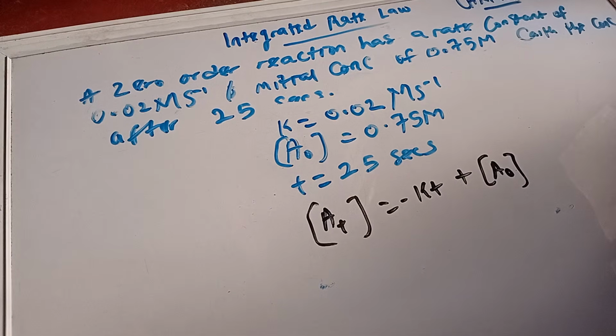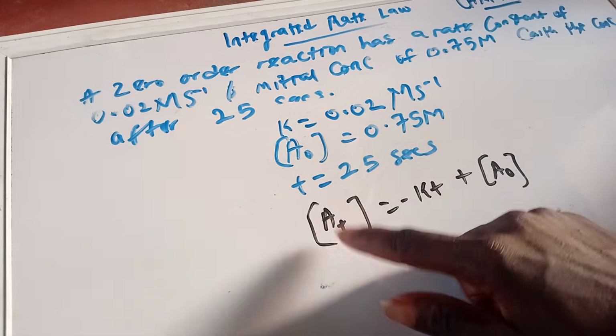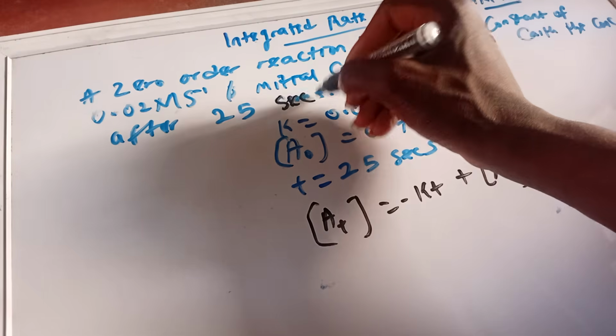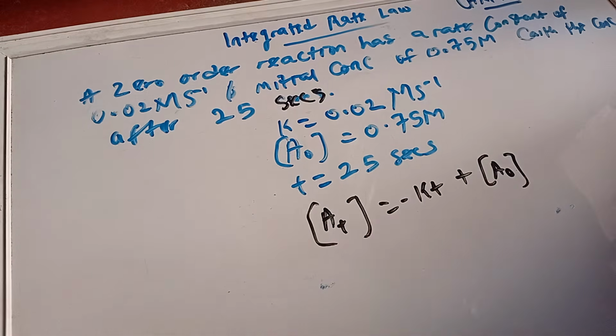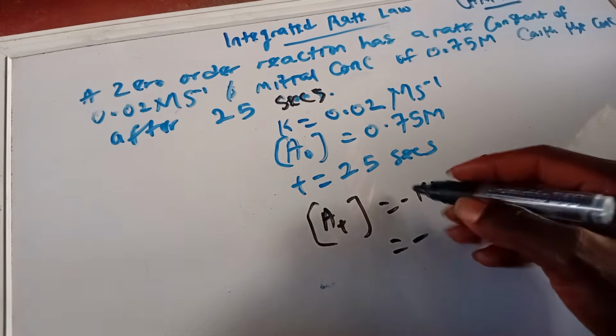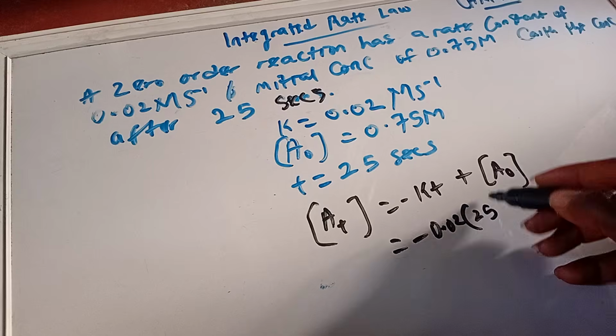Now what are we asked to find? Calculate the conc after 25 seconds. So we are looking for the conc at a particular time t. The formula directly is just what we are looking for. So At equals minus k, what's our k? 0.02. What's our time? 25.